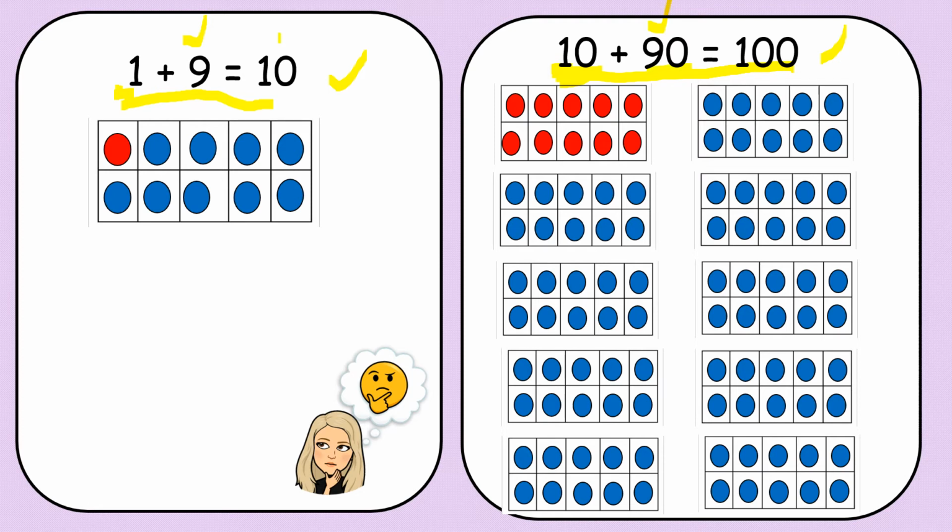And I can see the number 10 here, and I can also see the number 10 here. But it's not 10 ones, the number is 100. So let's look very carefully. If you know that 1 and 9 is equal to 10, then you know that 10 and 90 is equal to 100.